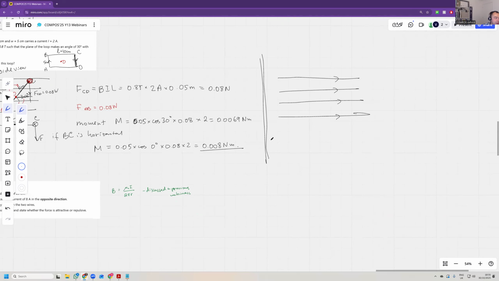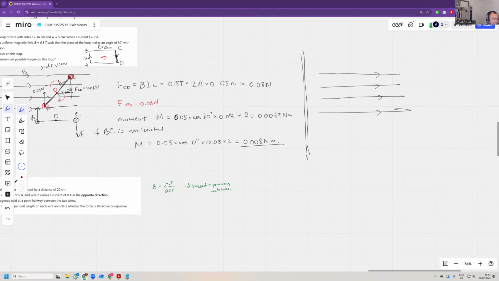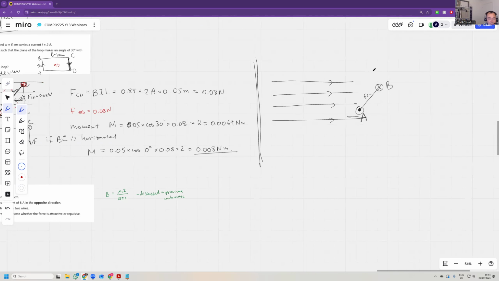So if we placed the short end of the coil like this, so if this is 5 centimeters, so this side is AB, so this is A and this is B. And we are looking at the force on the section BC, so FBC, and force on AD.